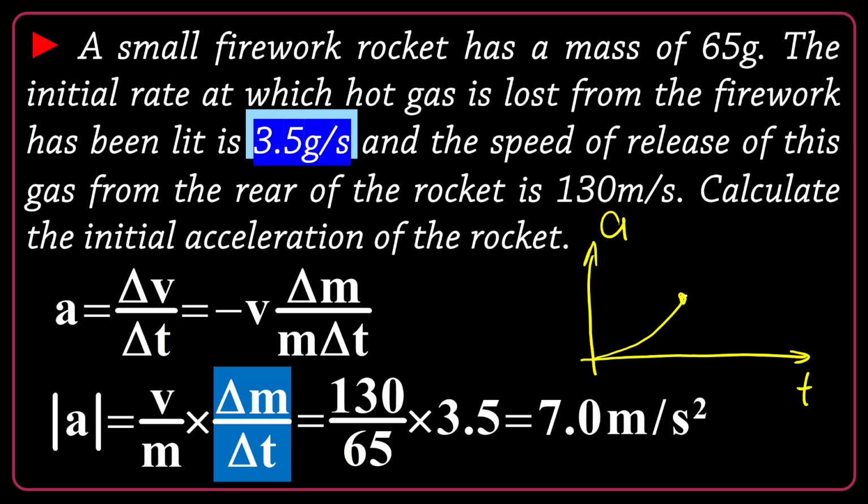And then at the point when you lose all the gas, there is no fuel anymore, the total fuel is lost, the acceleration immediately drops to zero and continues with no acceleration. So the acceleration will increase, but finally it will drop to zero. This is something I should remind you as a technical problem.